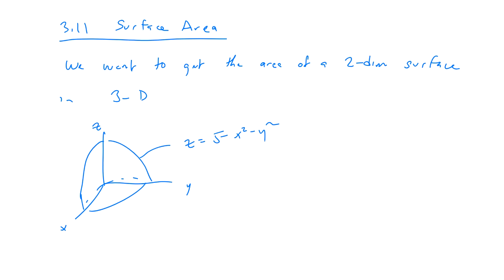We know that in integrals, what we're always trying to do is break them up into little pieces and add them up. So what you might expect is we're going to break it up into lots of pieces where we can assume it's not curving very much, get the area of that little piece, which hopefully is fairly simple, and then add them all up.